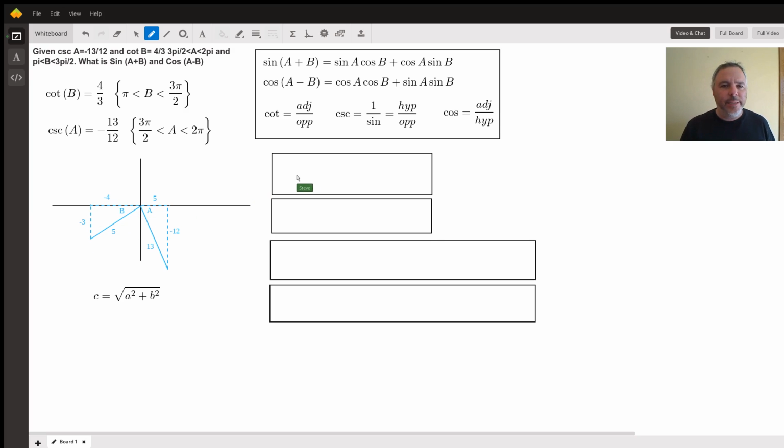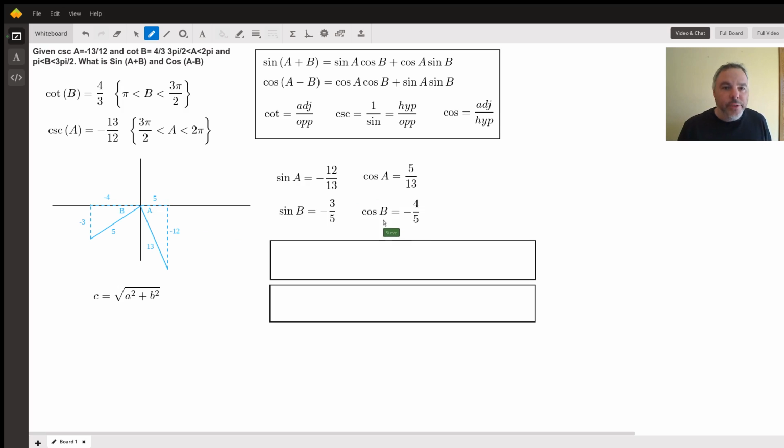Now I have everything I need to start putting together the sine and cosine functions relative to these angles. And so now that I have every part of my triangle, sine is what? Sine is opposite over hypotenuse. So the opposite is negative 12. The hypotenuse is 13. And for cosine, it's adjacent over hypotenuse. So that'd be plus 5 over plus 13.